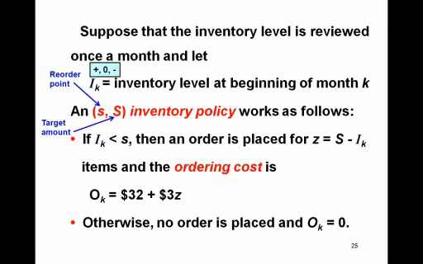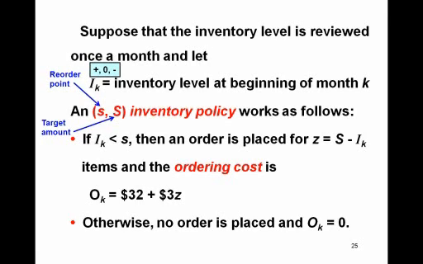The way a little s, big S inventory policy works is that at the beginning of the month you check your inventory level, and if I sub k is less than this reorder point, little s, then we're going to place an order to your supplier. The amount that we order will be denoted by little z, and the amount of the order will be where we want to be, capital S, minus our current inventory level, I sub k.